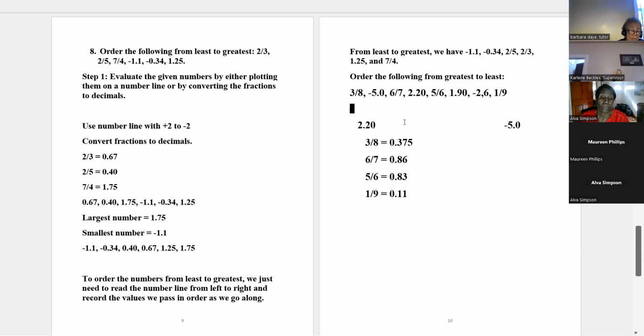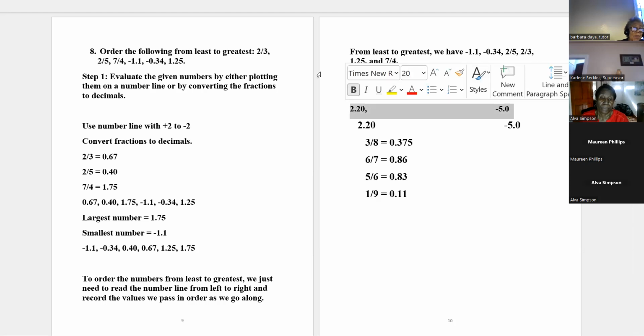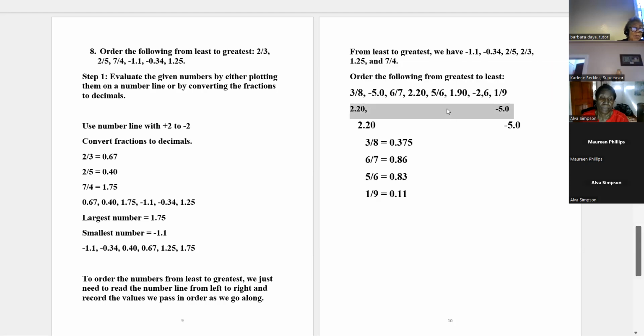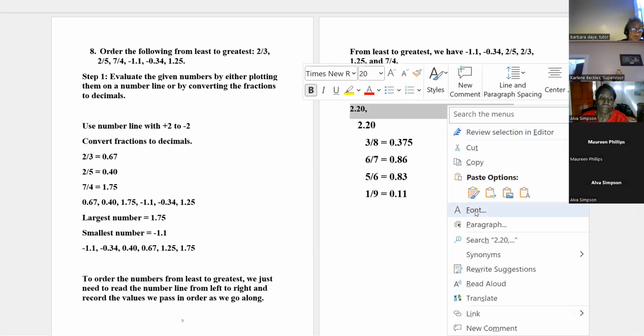Let's see. 2.20. But there's the smallest, minus 5.0. 1 over 9 is 0.11, right?